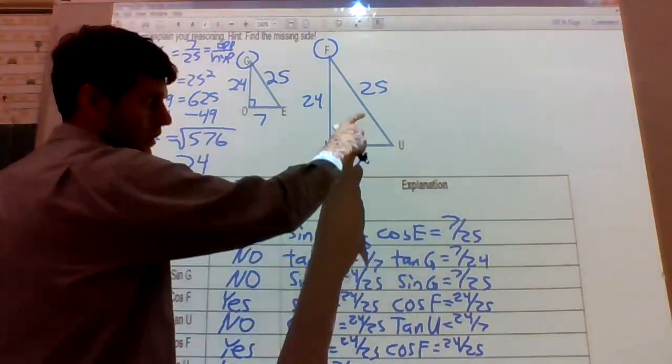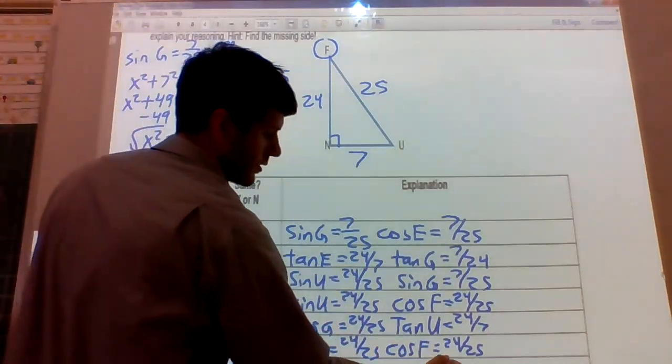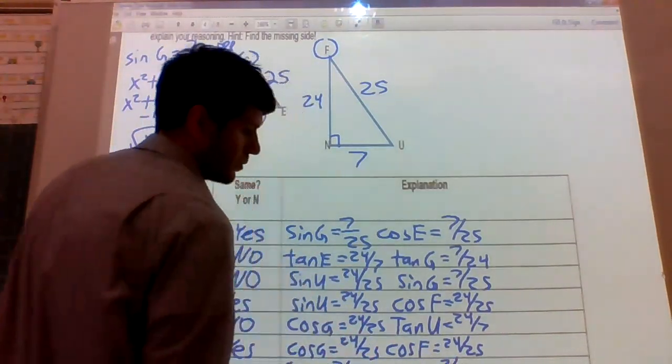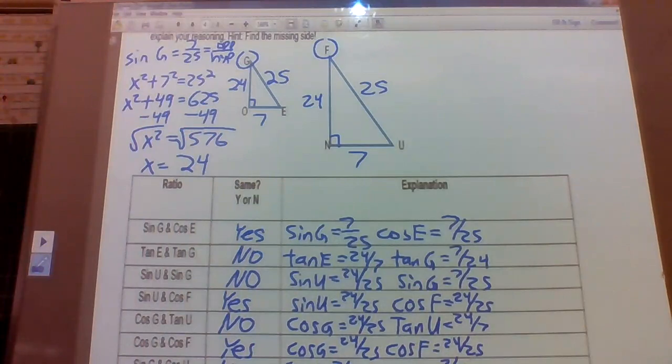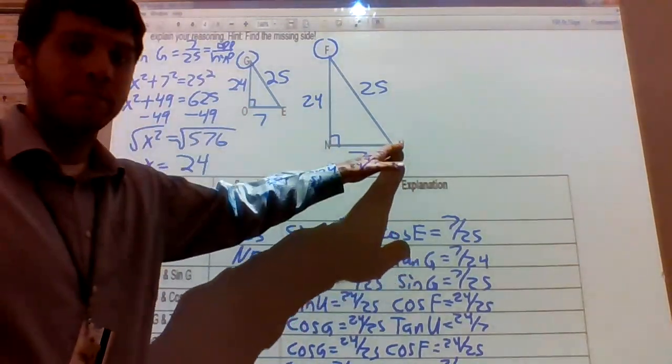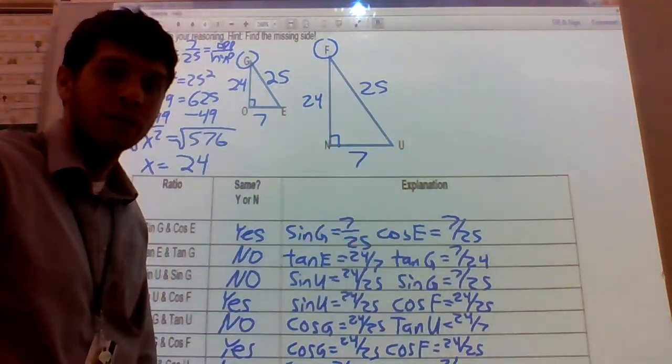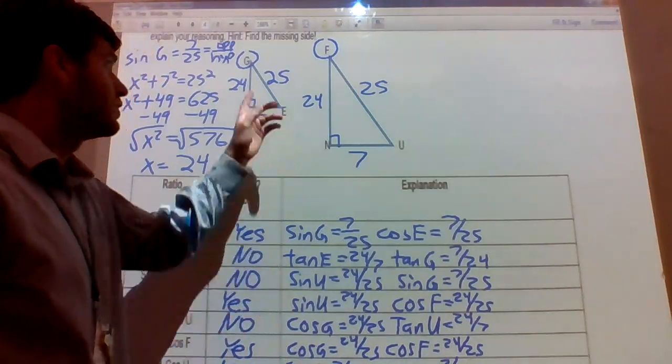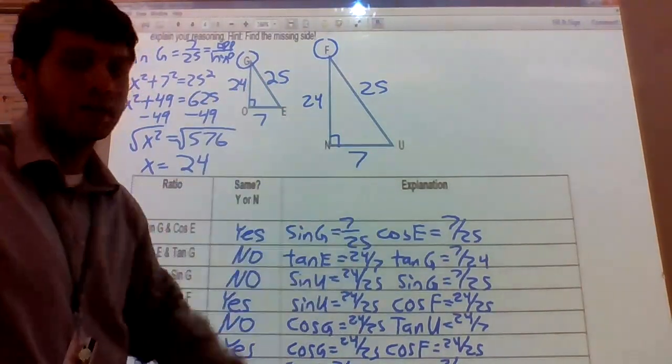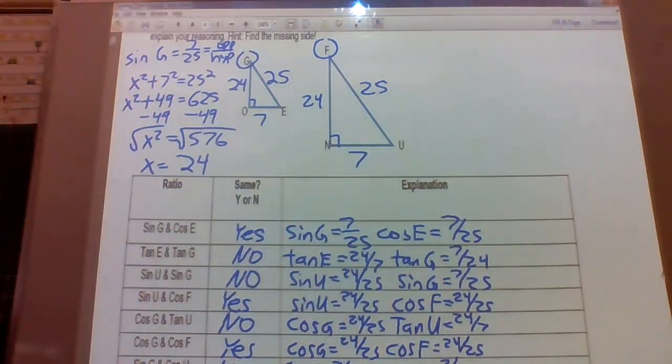Cosine's adjacent over hypotenuse, so that's 7 over 25. So they're both 7 over 25, that's yes. E and U are congruent. So if G and E are complementary, then G and U are also going to be complementary. So the sine of one angle is going to be equal to the cosine of its complement. So we know the sine of G is going to be equal to the cosine of E.